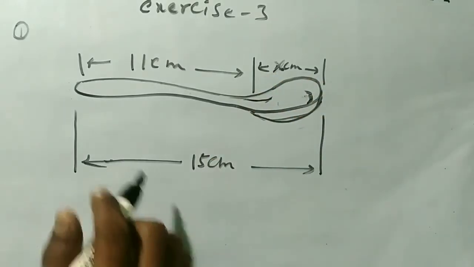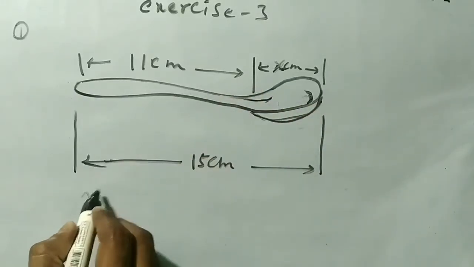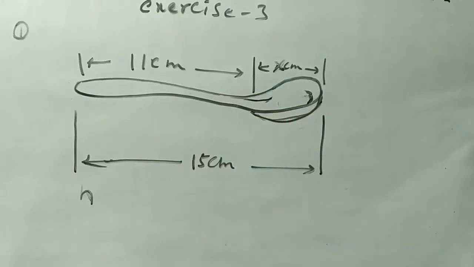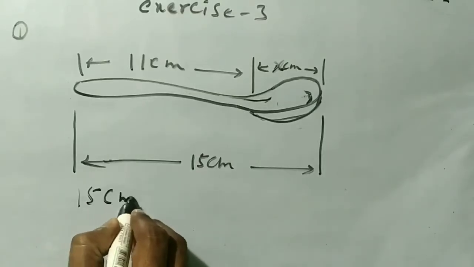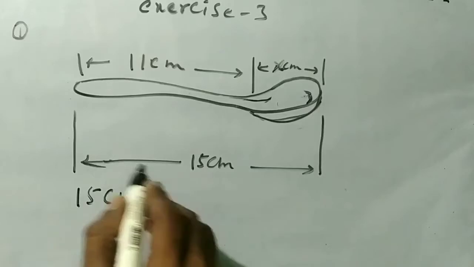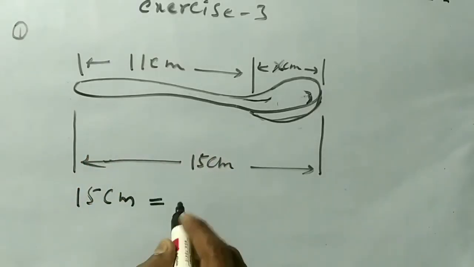So here we get 11 plus x is equal to 15 centimeters. What is 15 centimeters? The total spoon. The spoon consists of head and handle.